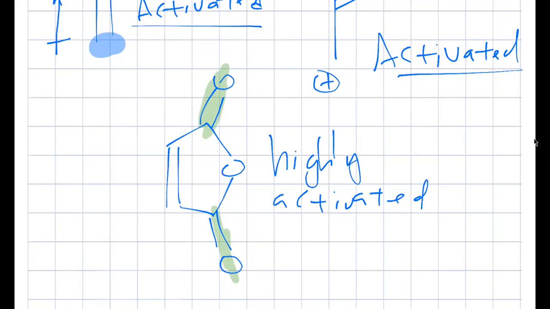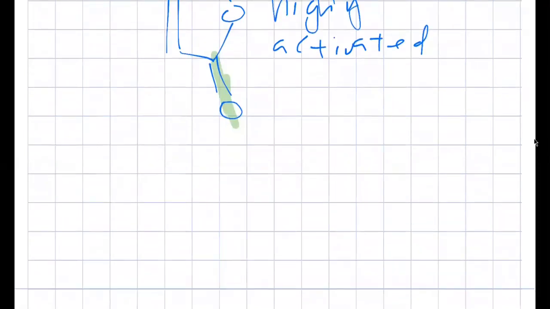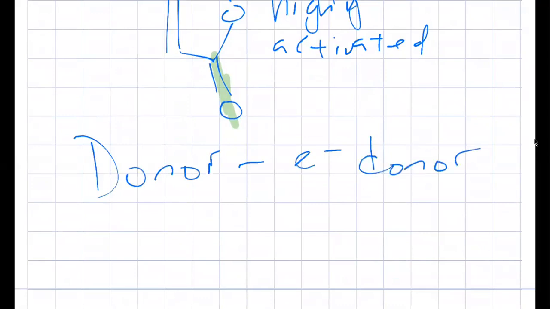Are we okay with the concept of donors and acceptors? That's something that we learned in part one, but sometimes it kind of slips. So a donor is an electron donor, and you can donate electrons through resonance or induction.